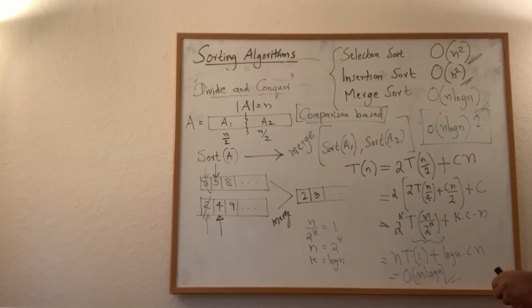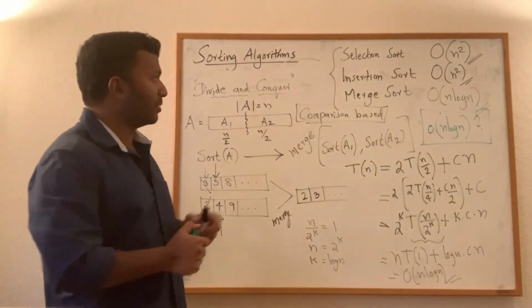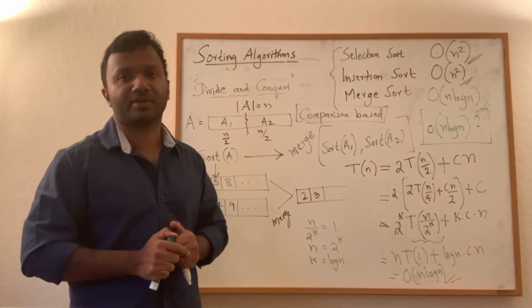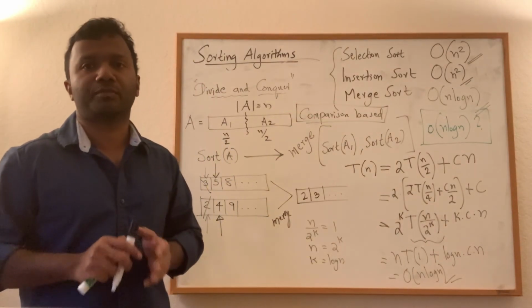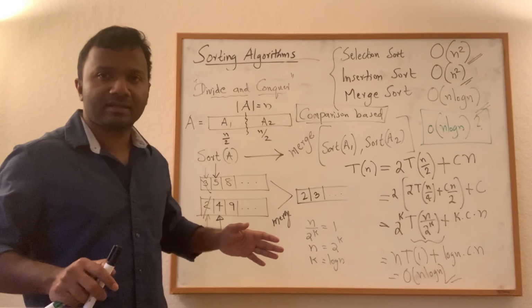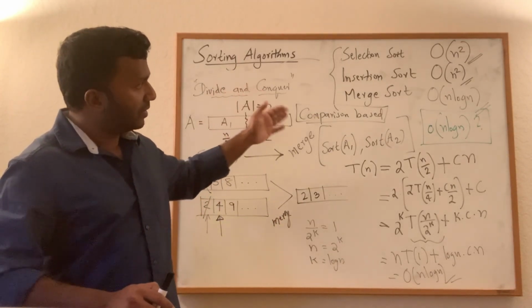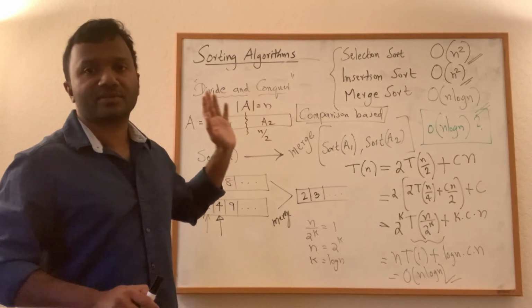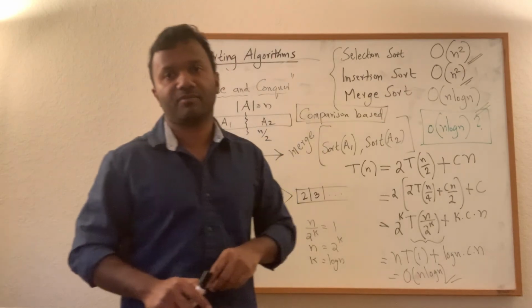Okay, and the answer to this question is what we're going to see next, which is essentially a lower bound for comparison based sorting algorithms, and we will prove that merge sort is essentially optimal. That means any comparison based sorting algorithm must take this time. We're going to show that.